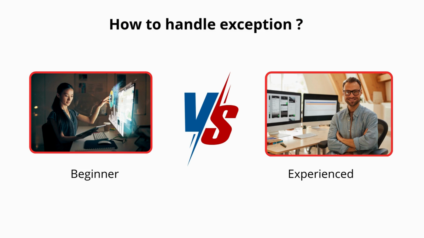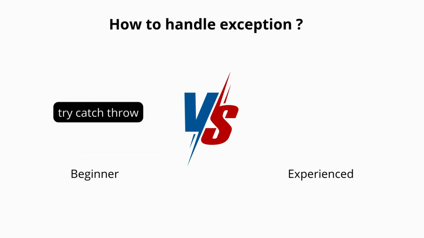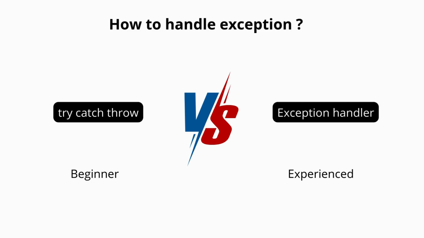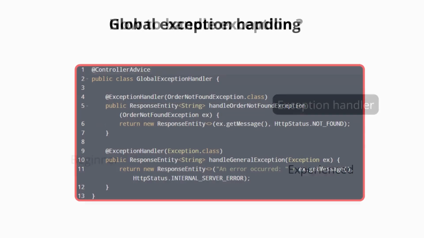Let's see how to handle these exceptions, as a beginner and as an experienced person. First thing, we can use try catch to handle errors. An experienced approach in an organization is handling custom exceptions using the @ControllerAdvice annotation. We create a separate class for exception handling and implement global exception handling using @ControllerAdvice in Spring Boot.